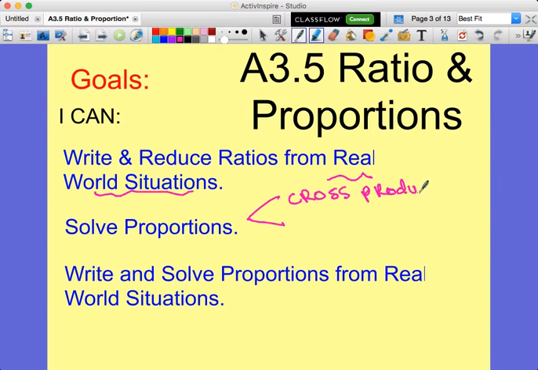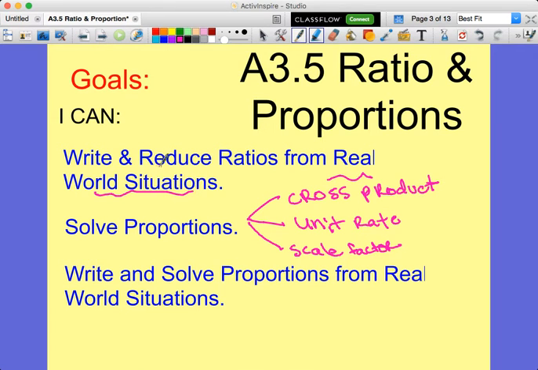We are going to use a unit rate. And we can also use a scale factor. Those are the 3 ways I'm going to show you how to solve proportions.